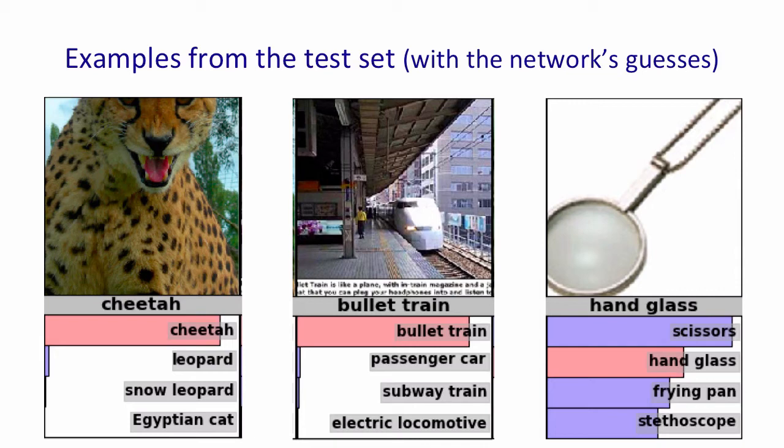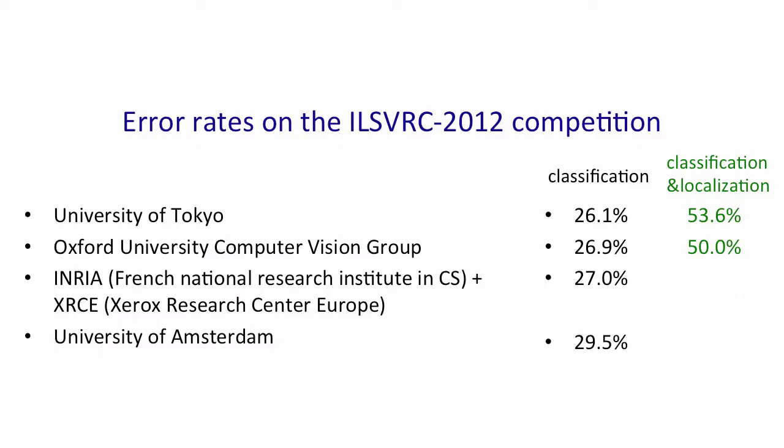So how did the systems do on this data? Here are the error rates for the computer vision systems. One thing you'll notice is that the best systems are all very similar. The University of Tokyo managed to get 26.1%. Here I'm just reporting the best system from each group. Oxford University, which has a very good computer vision group, generally recognised to be possibly the best group in Europe, again got in the 26%.